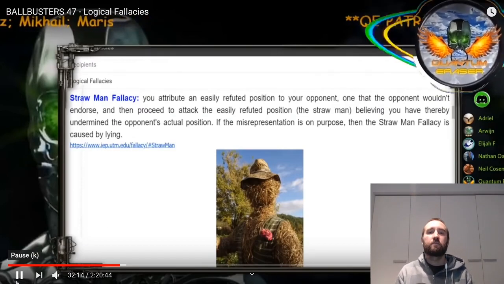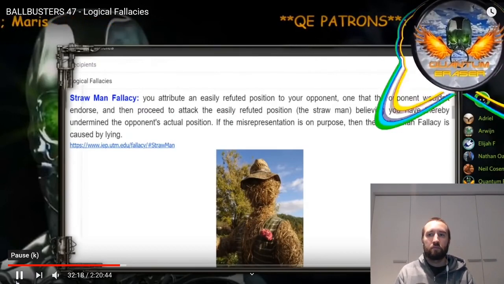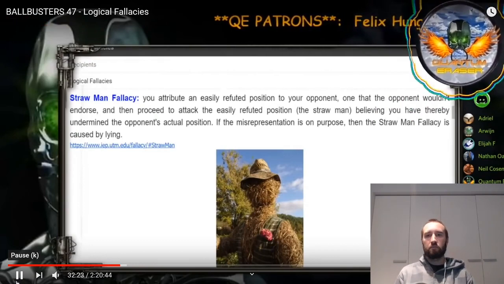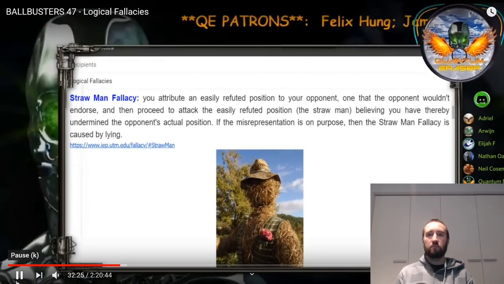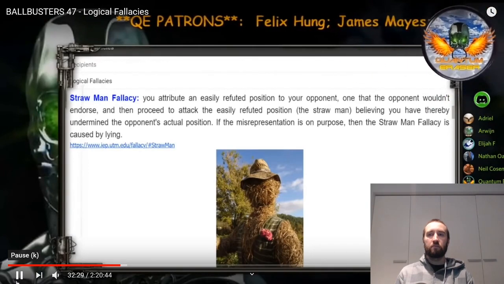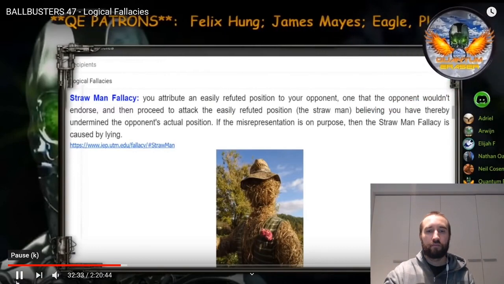To the strawman fallacy. Oh, before I begin on this, there's a very important point. We're pointing out these logical fallacies, and whenever anyone invokes a logical fallacy into an argument, that renders that argument void.